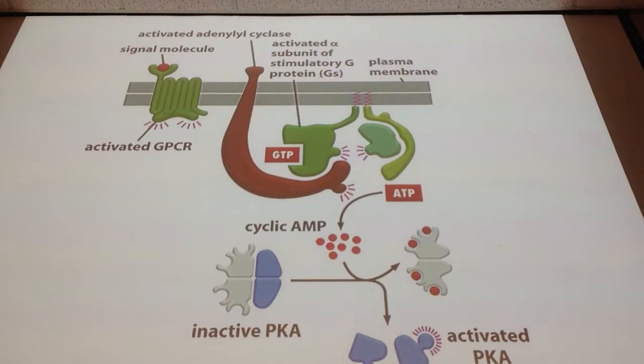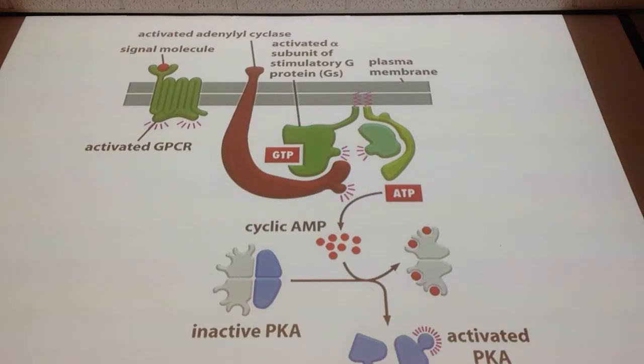Yes, ma'am. If you're producing a lot of cyclic AMP and activating many PKA, are they all going to target the same area of the gene to produce multiple transcripts? Okay, so yes, to everything. Cyclic AMP can be used as a coenzyme for a number of different enzymes, not just PKA.